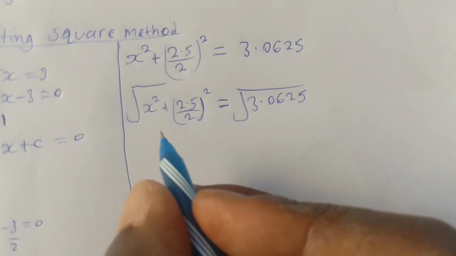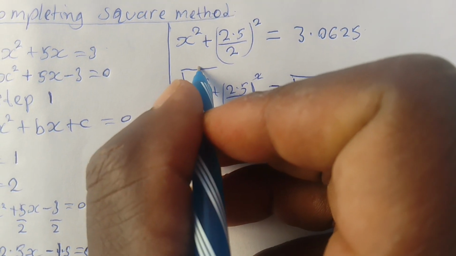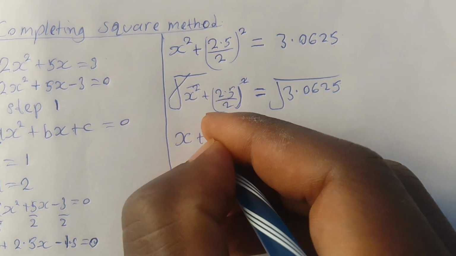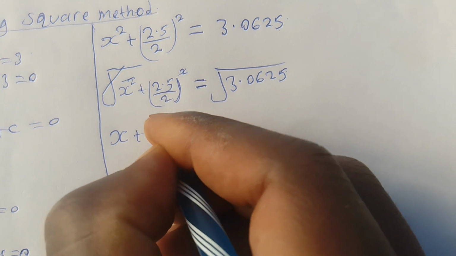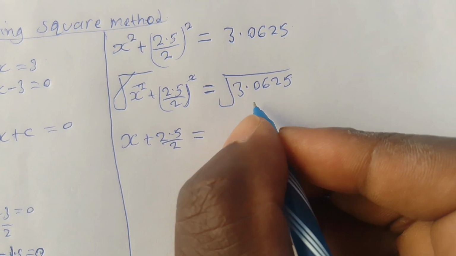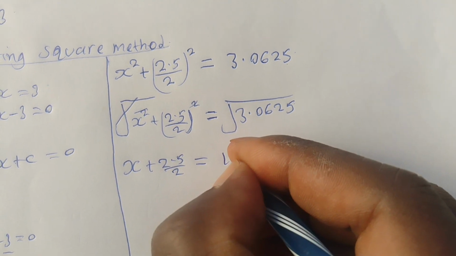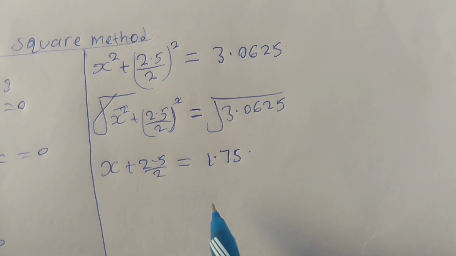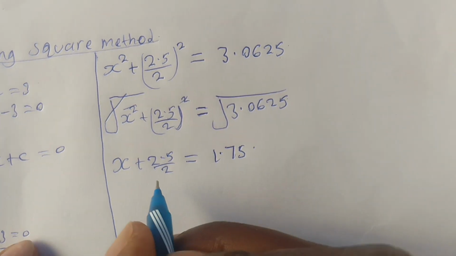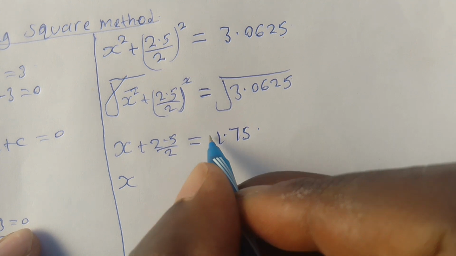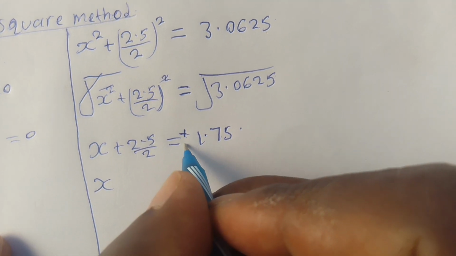The square and the square root cancel, so you are remaining with x plus 2.5 over 2 is equal to the square root of 3.0625, which is 1.75. So in this case, getting x, it is either plus or minus.